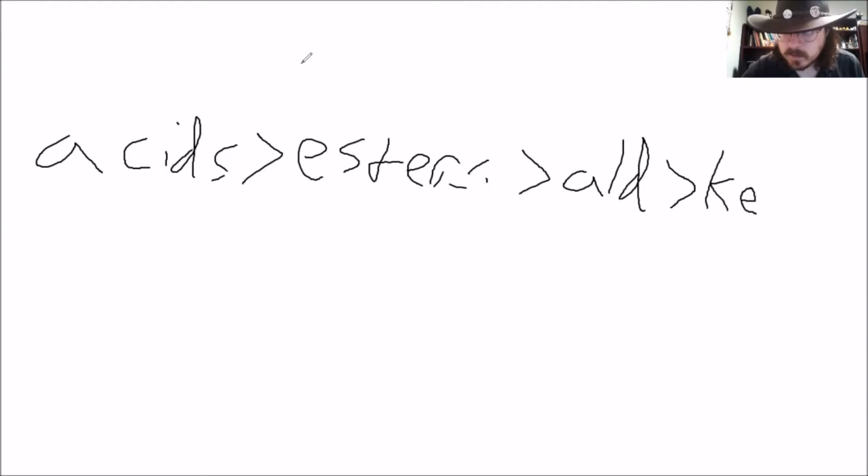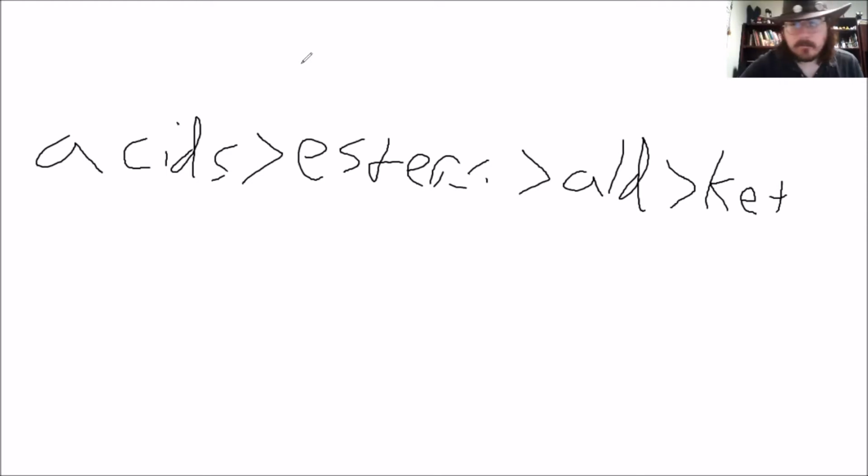Aldehydes take precedence because they are always going to be the lowest number, because it's always going to be at the end. And the same thing with acids. Acids are almost always at the end. Esters would be continuing a different chain, which is probably why they're secondary. But those have 2 carbon-oxygen bonds.